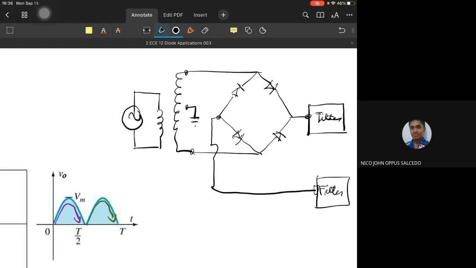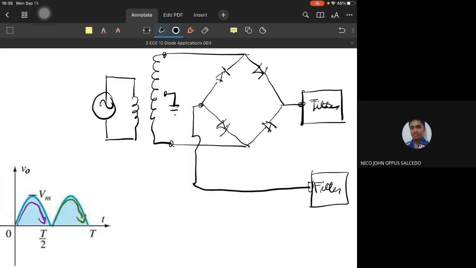So, what would this do? It has a center tap.